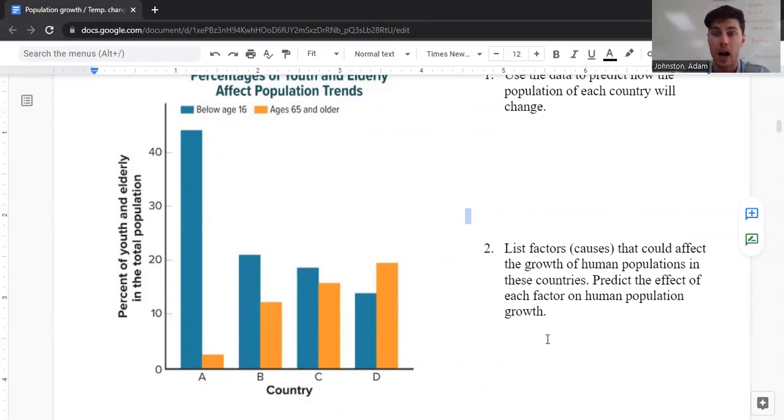You could describe the exact opposite for a country like D that has more old people than young people. With more old people, we expect to lose them over time as older folks pass away. And with fewer young people to replenish the population, growth may be slower, or it actually may be a shrinking population.